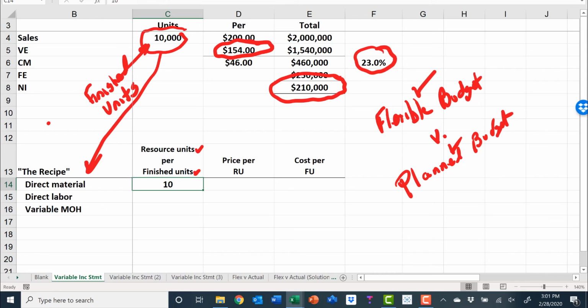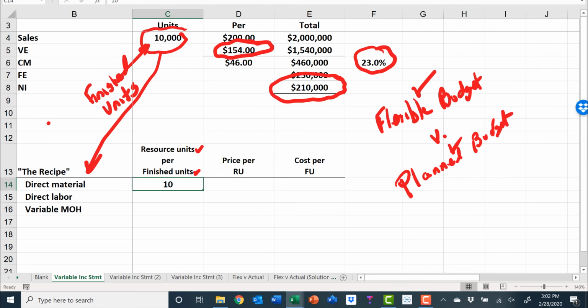That'll allow me to make the finished units. Now this also equates back to that direct materials budget that we did. Remember how we had sales at the top and we converted that into the units we needed to buy, and so we had the total amount that we needed to purchase. Well, here's the 10 that we've got to have.